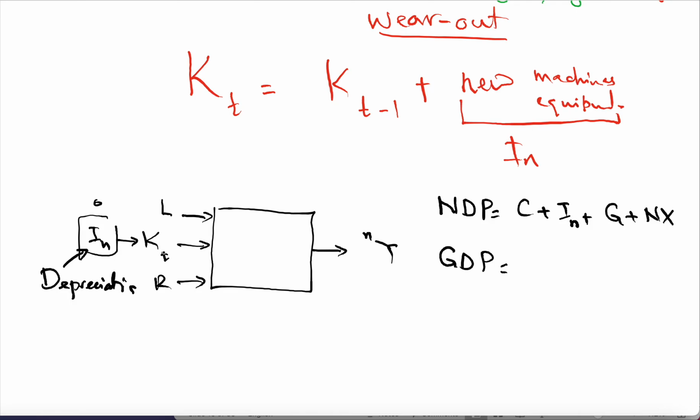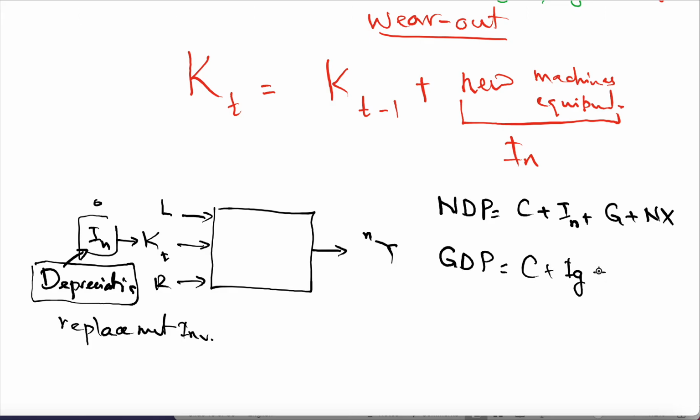If you want your machine, your computer, your car to work, you have to have at least a certain amount of investment so it keeps running. As long as you do this depreciation investment, or replacement investment, the gross domestic product is C plus gross investment plus G plus net export.